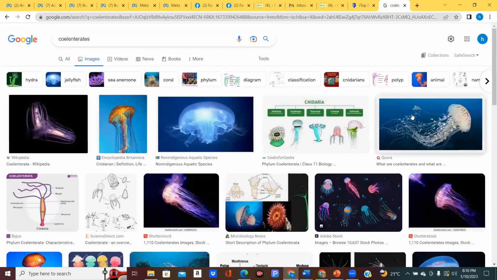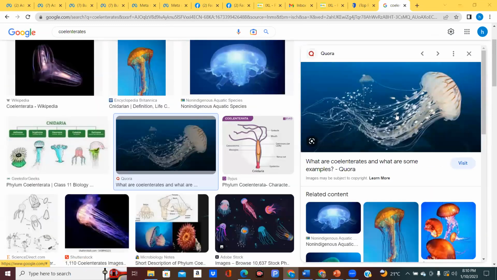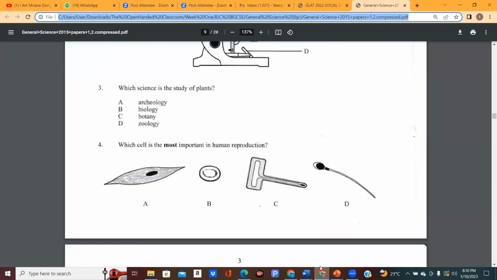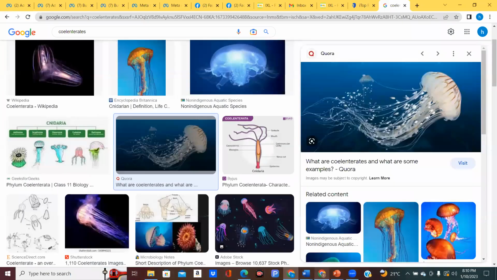As you can see, they are not single cell. This consists of an enormous amount of cells.